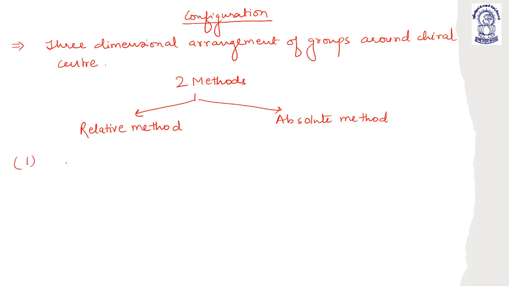So first we are going to talk about the relative method. The relative method uses the D, L system, that capital D and capital L should not be confused with dextro and levo. Basically, it uses the commonest sugar, a kind of triose sugar, glyceraldehyde, as a base.